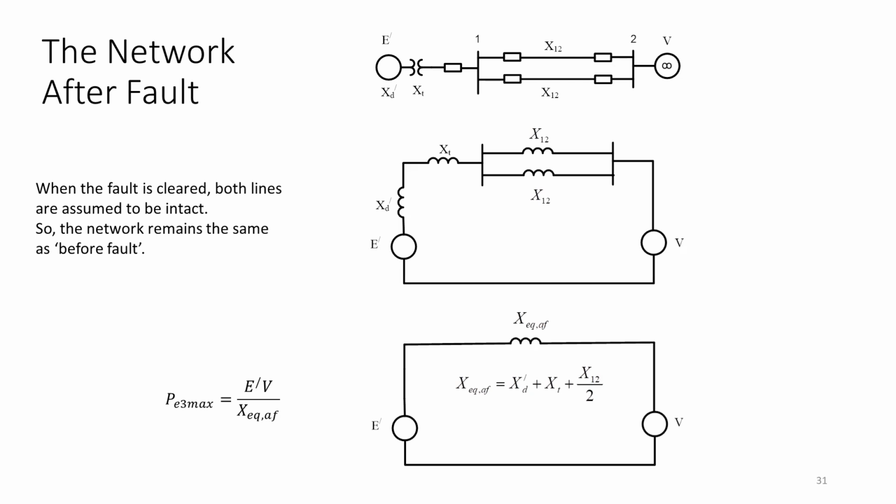Yes, sir. All right. If we understood so far, now we will apply the equal area criteria and try to see what is happening. So let's draw them. We always go for the PE and delta power angle curve, right?